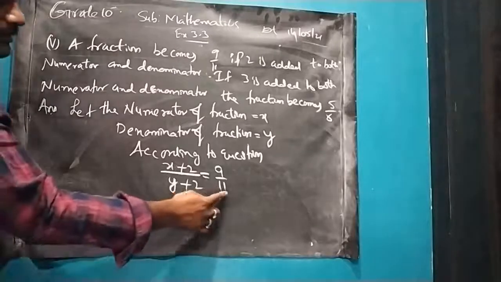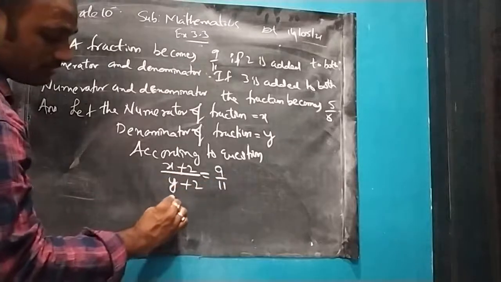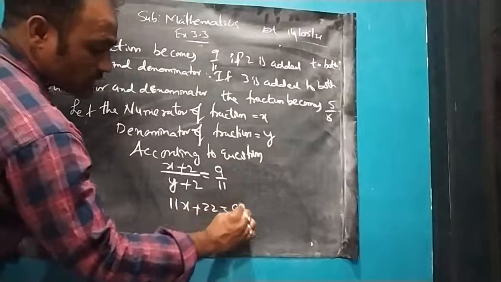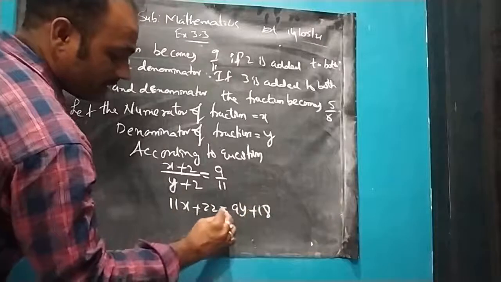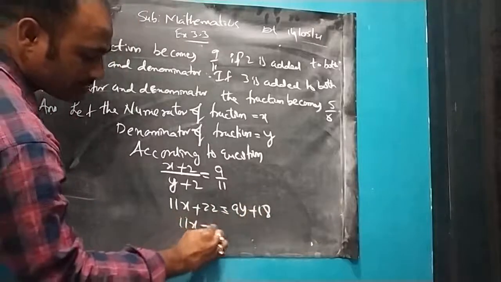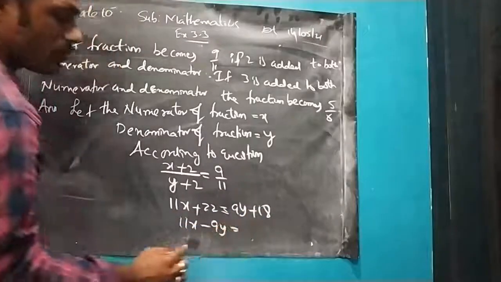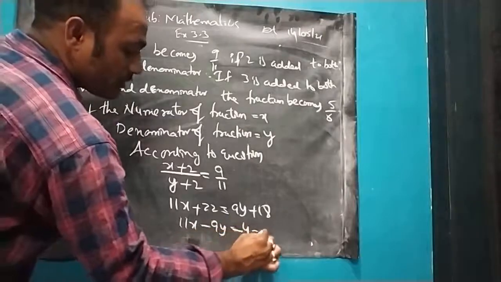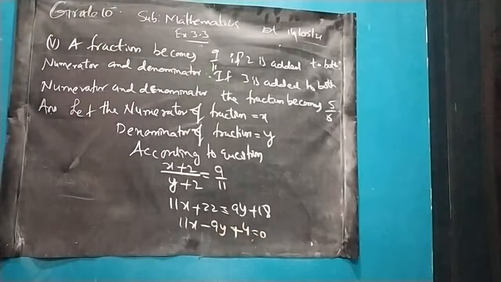Okay. If I cross multiply this, what are we going to get here? 11x plus 22 is equal to 9y plus 18. So 11x minus 9y plus 4 is equal to 0.